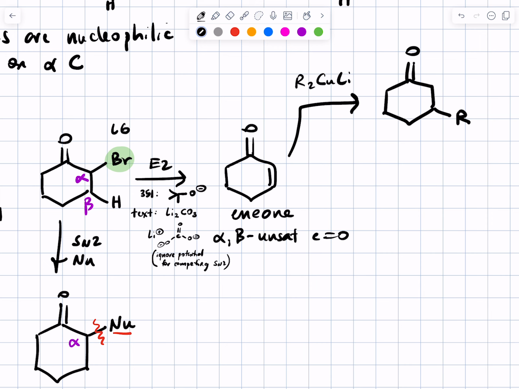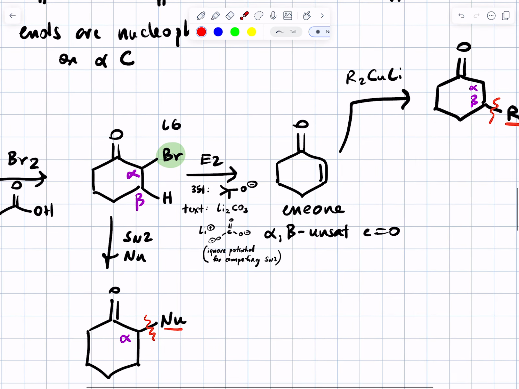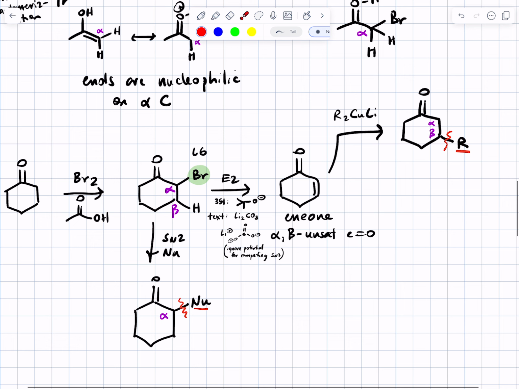So if you see an R group that's beta to a carbonyl, you should be thinking, I could have made that from the enone starting material, which I could have got from the ketone by the alpha-halogenation chemistry.